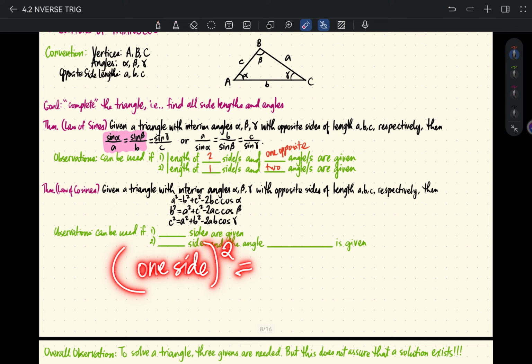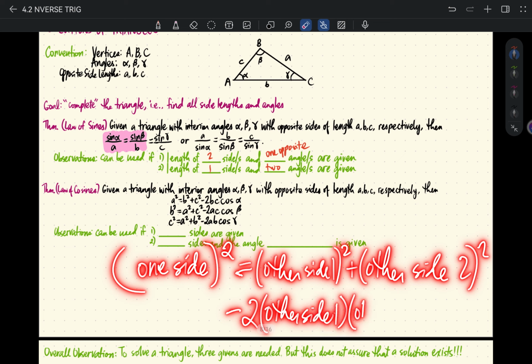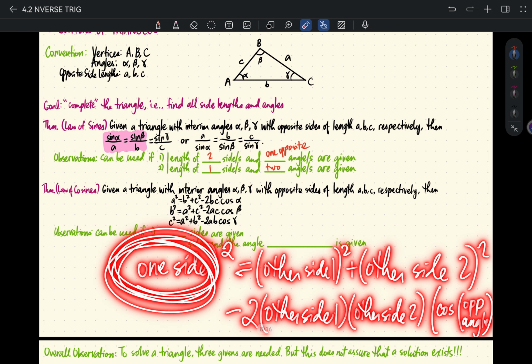So for you to easily remember this, if you have one side squared on one side of the equation, the other side of the equation would be other side 1 squared plus other side 2 squared minus twice the product of the other sides, other side 1 times other side 2, times cosine of the angle opposite to this one right here.